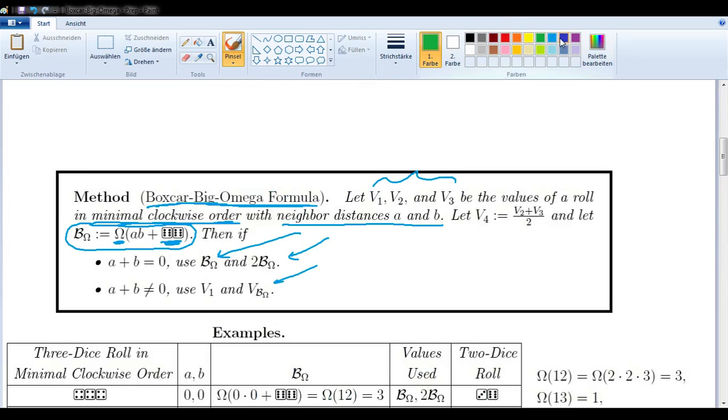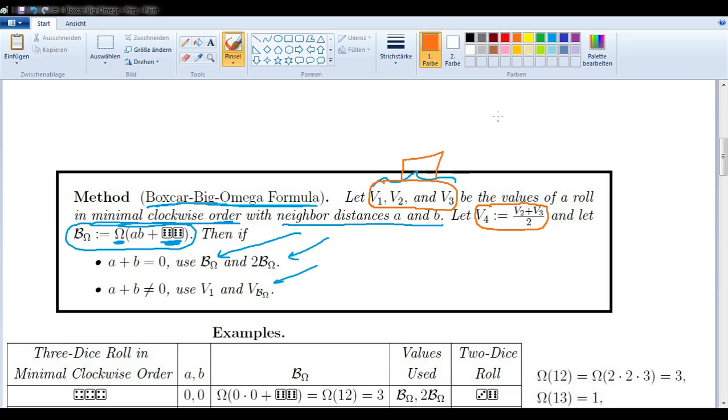So we needed to understand a couple of things in order to be able to do the method, but the method itself is very compact, as I said, very compact. So we have 3 values of a roll, v1, v2, and v3. Additionally, we define a 4th value, which is just the average of these two.